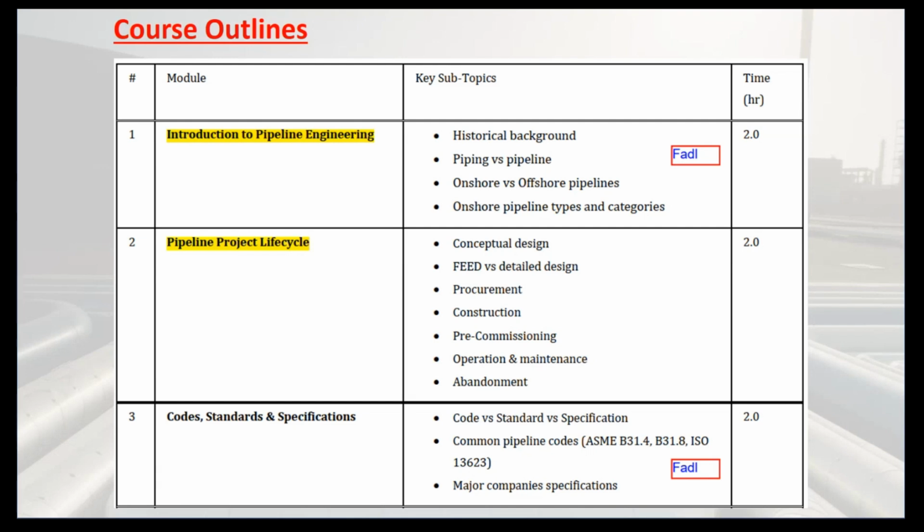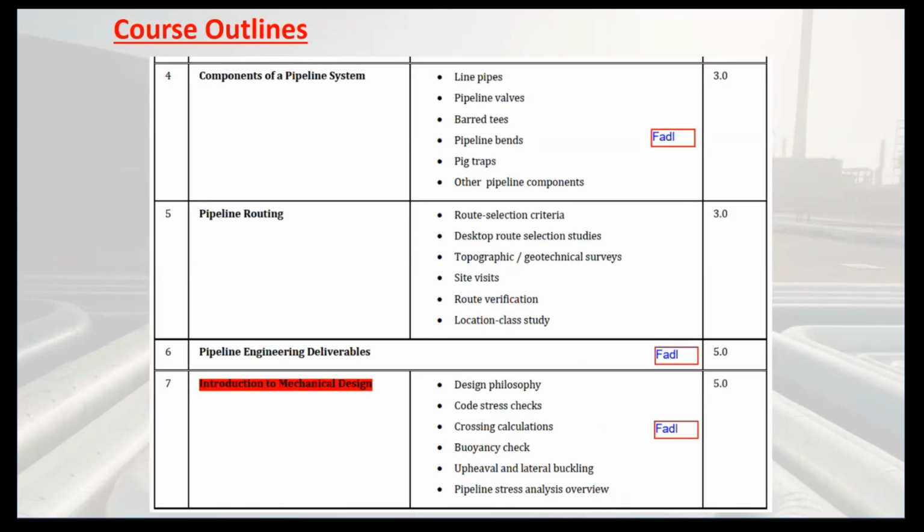And we will be having a look at major companies' specifications and in what points they are more stringent than the code, and what points they are less stringent than the code. We also will be talking about components of a pipeline system, from line pipes, pipeline valves, to bends, tees, pipeline pig traps, and other pipeline components will also be explained.